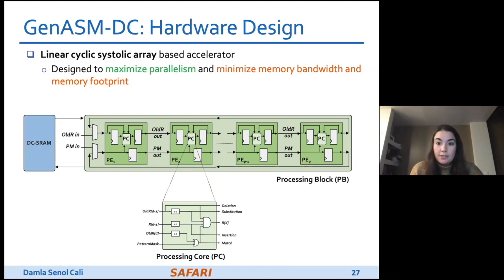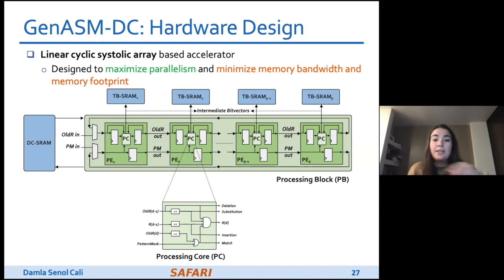So we also have DC SRAM, which stores the reference text, the pattern bitmask for the query read, and the intermediate data generated from PEs. And we also have TB SRAMs, which store the intermediate bit vectors generated by each PE of GenASM DC, which will be later used by GenASM TB.